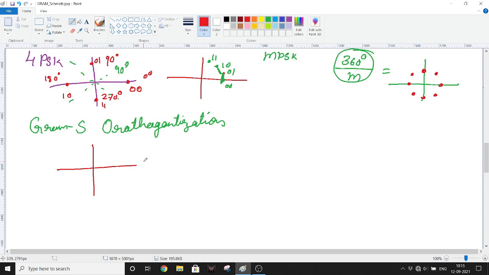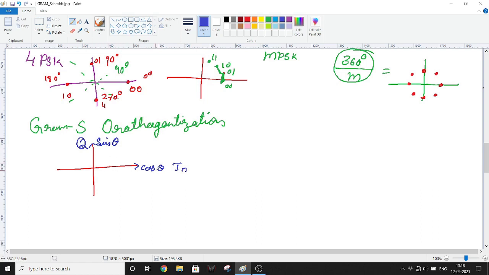where we will use two or more reference phases which are orthogonal to each other. A small traditional example which I can go with is cos theta and sin theta, and traditionally they are called in-phase and quadrature phase.